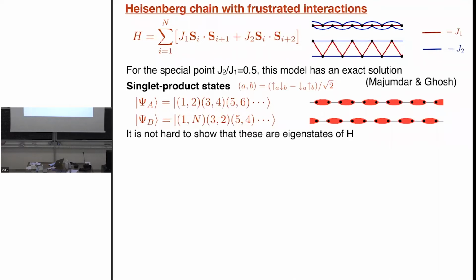So these operators, if you work in this basis of singlet of singlets, there are some very easy rules for what happens if you act with S dot S on a singlet. This is basically an eigenstate of S dot S, right?